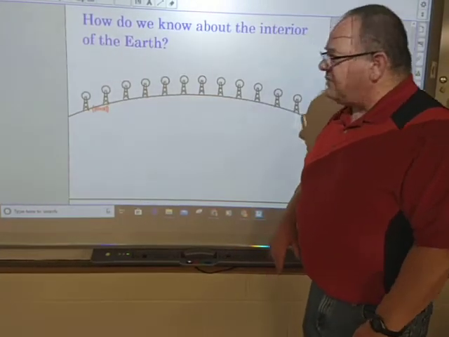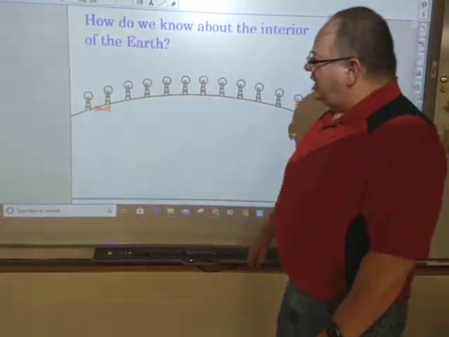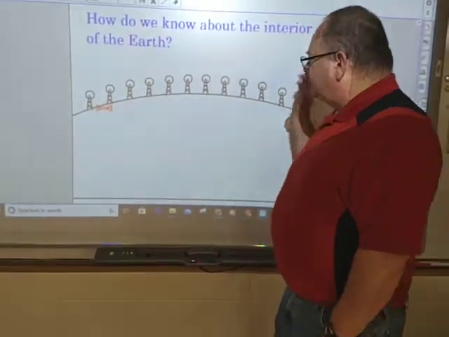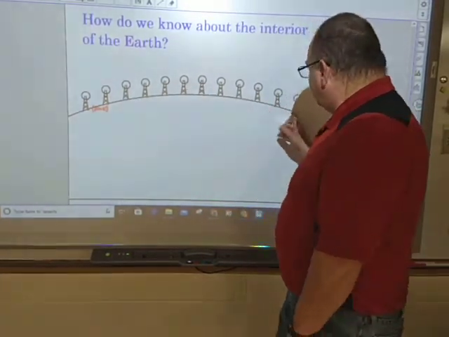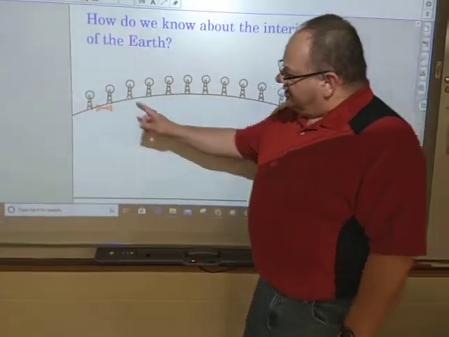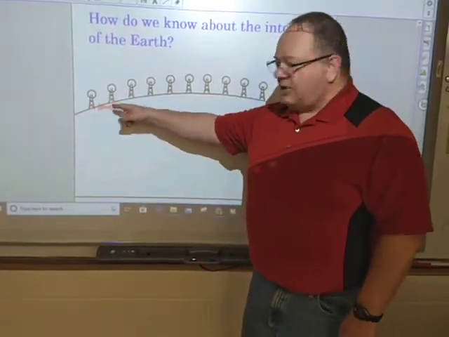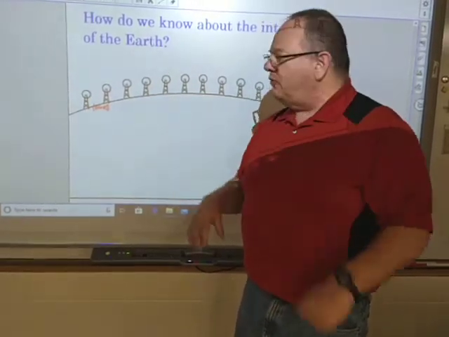Let's imagine that here's the surface of the Earth, and around the Earth, we have seismic detectors. I don't know what a seismic detector exactly looks like, but I made some little symbol and I put them around the surface of the Earth. These are all seismic detectors. Let's say an earthquake happens right there. That earthquake sends out energy and it travels in the form of waves.